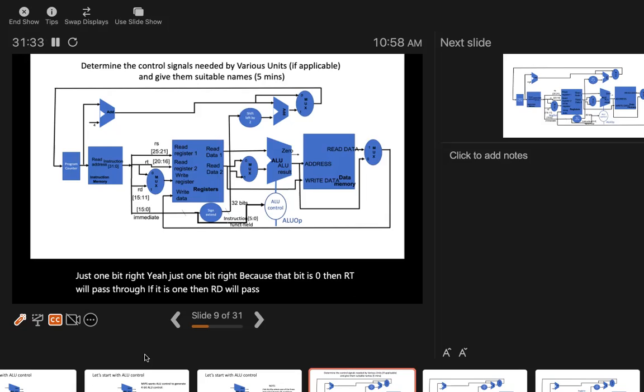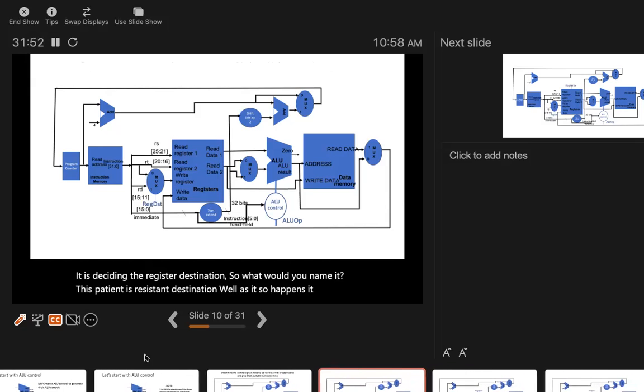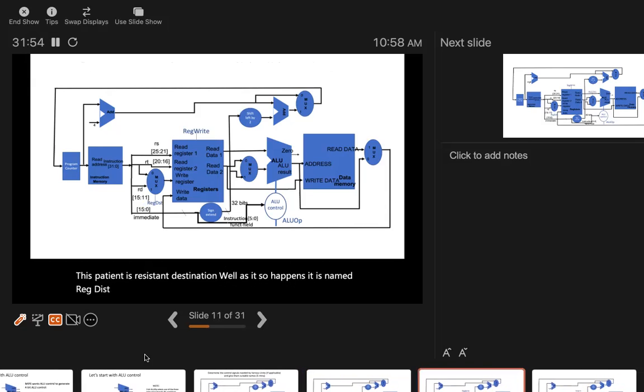What that mux is doing, it is selecting the destination for the register to write. So give it a nice name. It is deciding the register destination. So what would you name it? Register destination? Well, as it so happens, it is named RegDest. Very good.